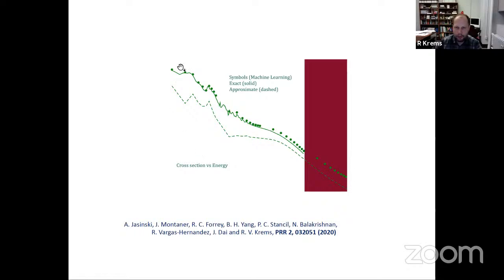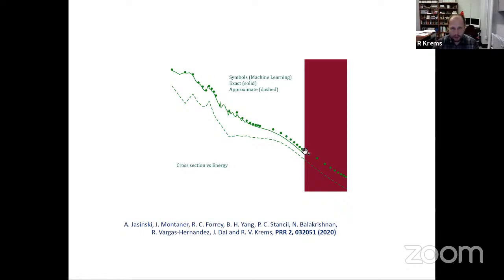And this is an example of what we get. The dashed line here is the energy dependence of the cross section obtained with the approximate calculation. The solid line is obtained with the exact rigorous calculation. Now the solid line is not used for training the model. The model is trained by this dashed curve and some rigorous results for some other transitions. The symbols are the predictions of the machine learning model.